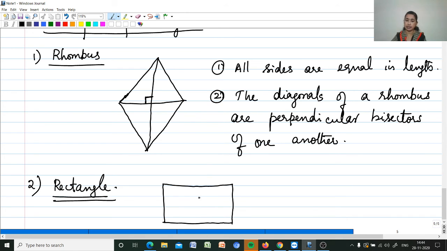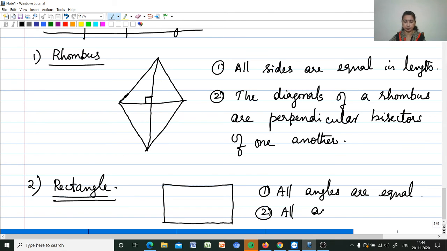The only thing is that it has all the angles equal. Here all angles are equal and all angles are 90 degrees.